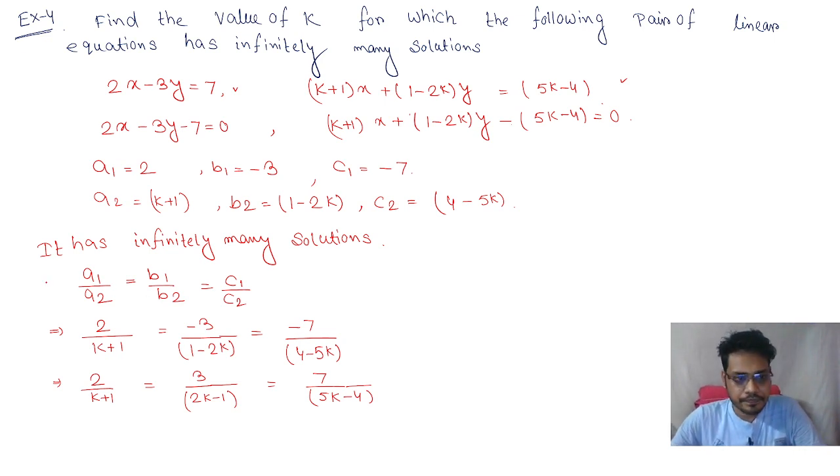That means a1 by a2 is equal to b1 by b2 is equal to c1 by c2. Now what is a1 here? 2 by (k plus 1). A1 is 2 and a2 is k plus 1. Now b1 is minus 3, b2 is 1 minus 2k, c1 is minus 7, c2 is 4 minus 5k. Now if you check, you will get 2 by (k plus 1) equal to 3 by (2k minus 1) equal to 7 by (5k minus 4).